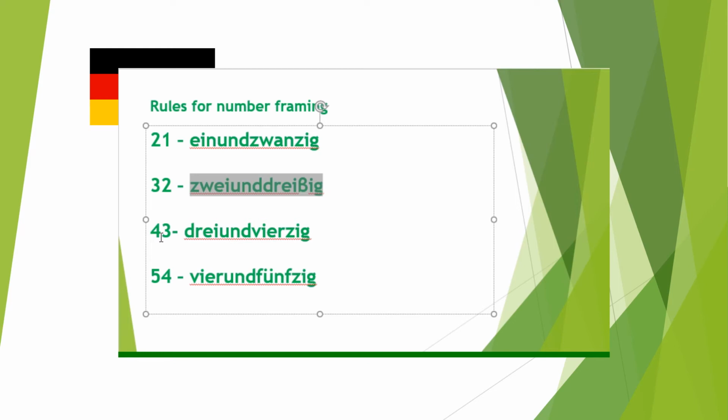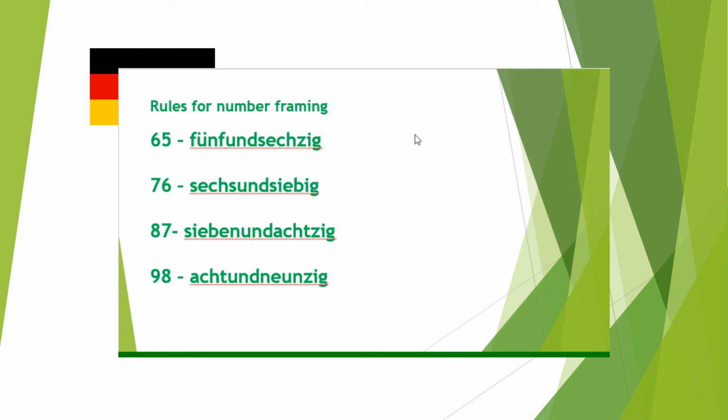In the same way we frame 43, 54: drei und vierzig, vier und fünfzig. Continuing the same rule, 65 is fünf und sechzig, 76 is sechs und siebzig, 87 sieben und achtzig, 98 acht und neunzig. In this way we can frame any number.